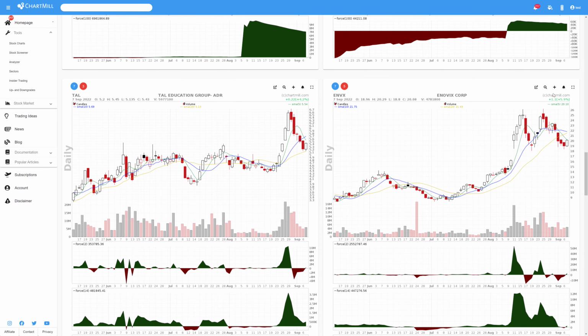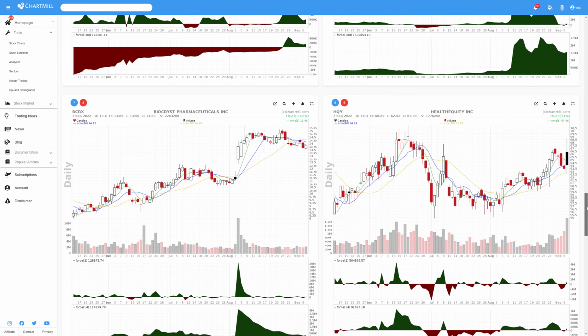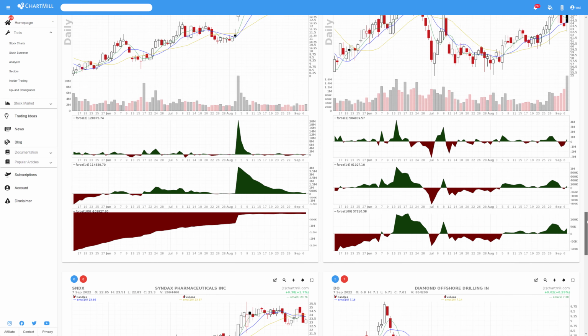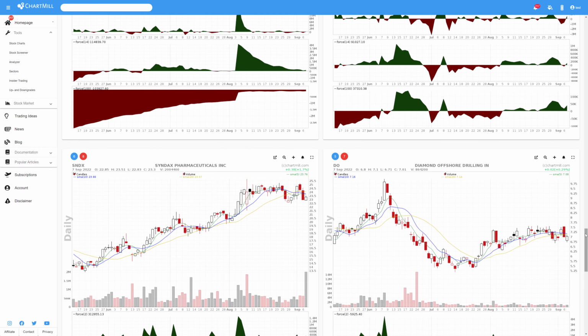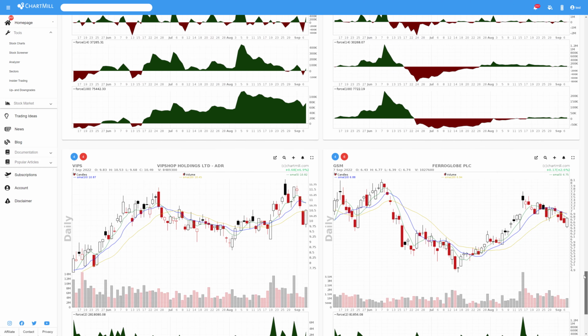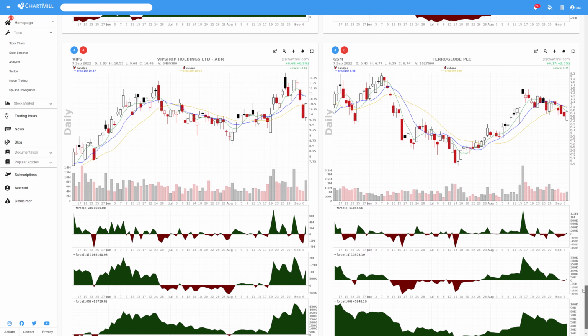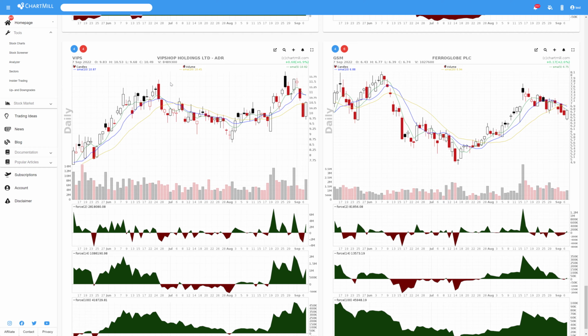This is a double bottom, so also adding it to this watch list. VIPS, very nice bullish candle and higher volume. I'm going to add it to the retracement force index watch list.